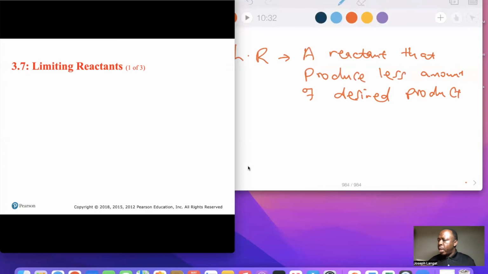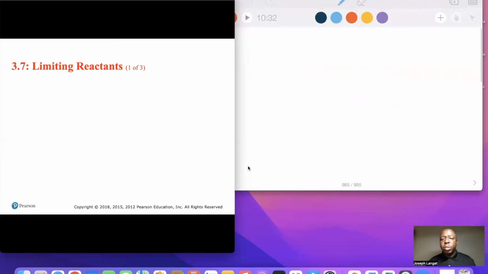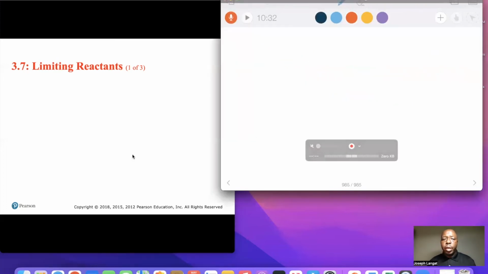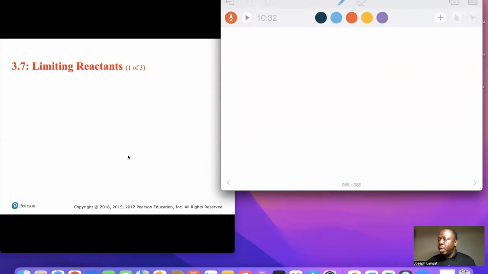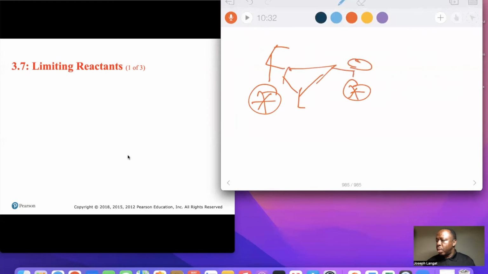Let me use an analogy here to show you how you figure out the limiting reactant. I am not a good artist, but here is a bicycle. I don't know how to draw a bicycle.